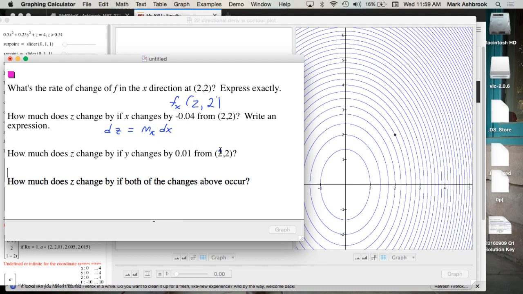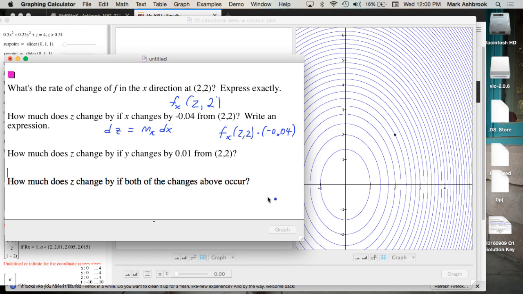Given any small change in your independent variable, the resulting change in the dependent variable is the rate times that change in the independent. So this answer would be f sub x of 2, 2 times negative 0.04. That expression would calculate the resulting change in z for a change of x of negative 0.04.